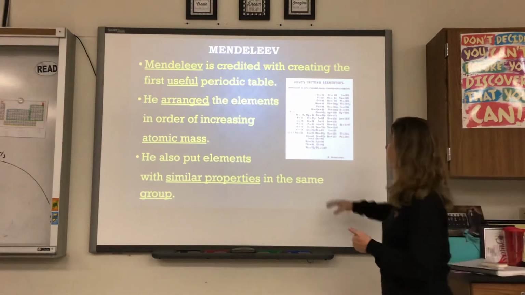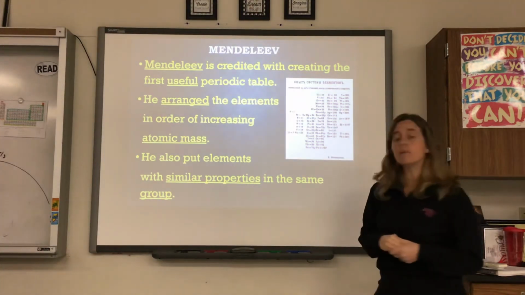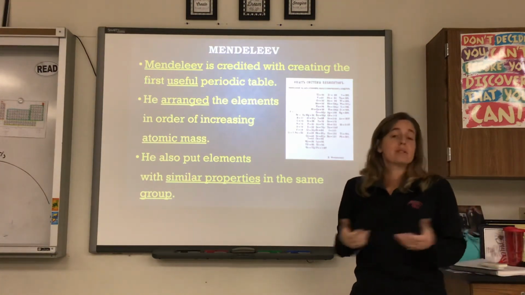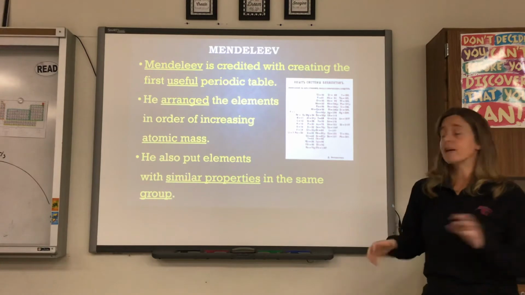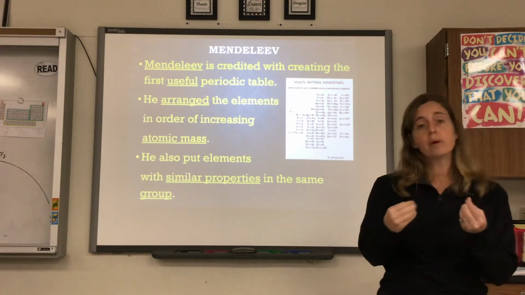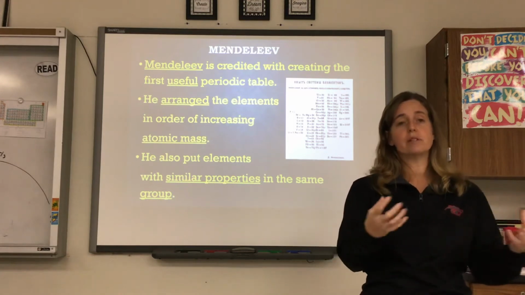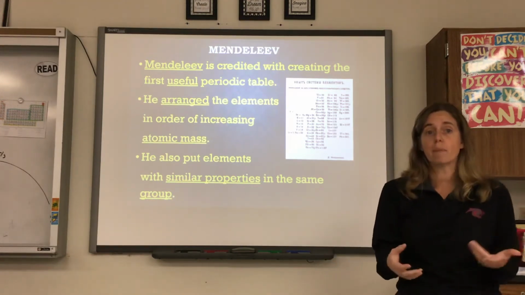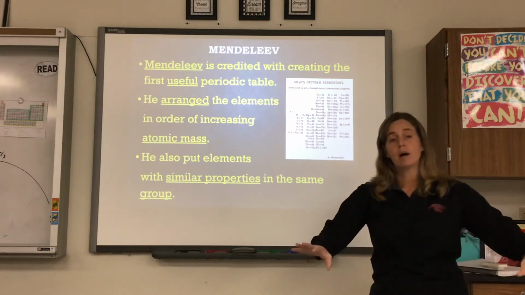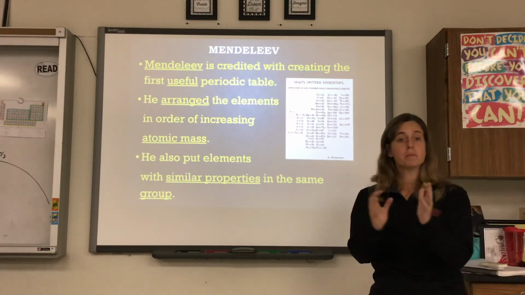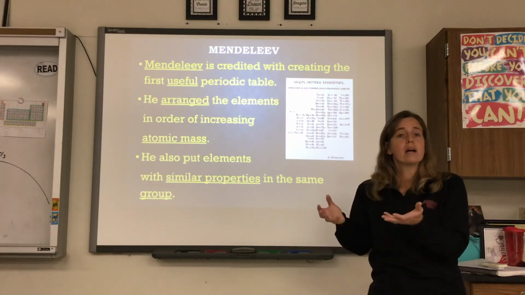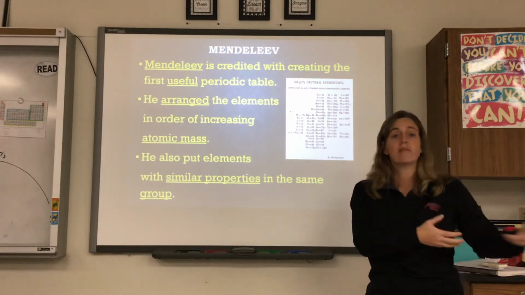Now, at that time, these were the only elements that had been discovered. There were several elements that hadn't even been discovered yet, and that's why the table looks small in size. So he started putting these elements together and sorting them into specific groups based on their properties, and experiments that he would run, putting them in set groups by the conclusions of what he saw within the different reactions.